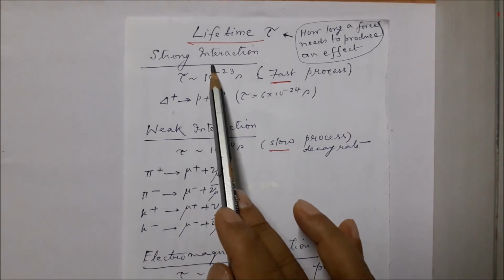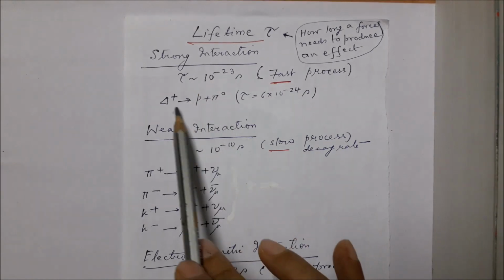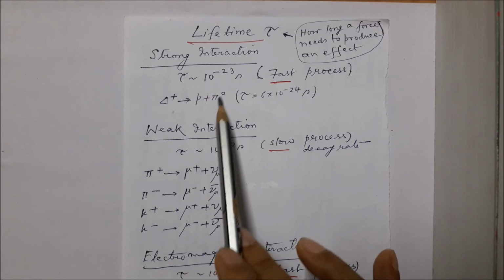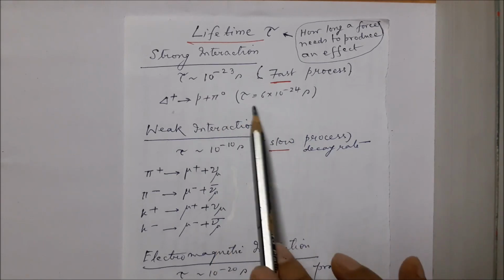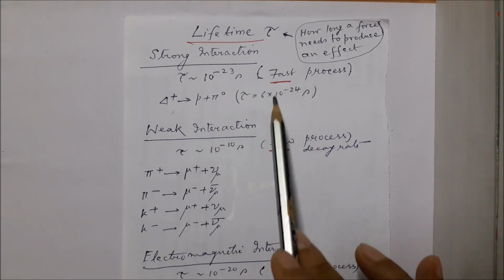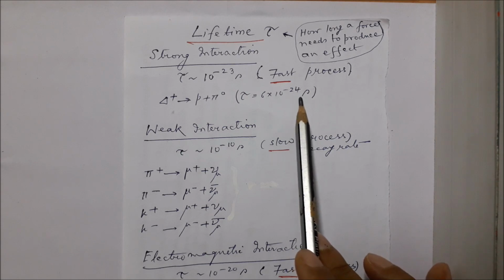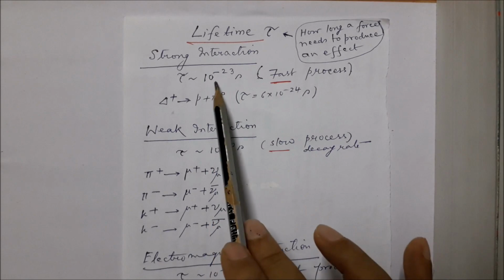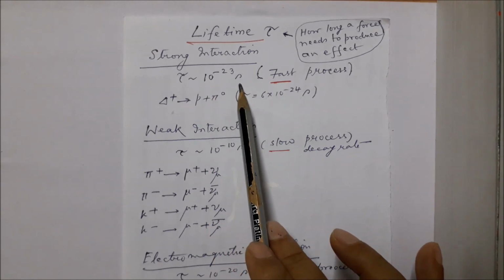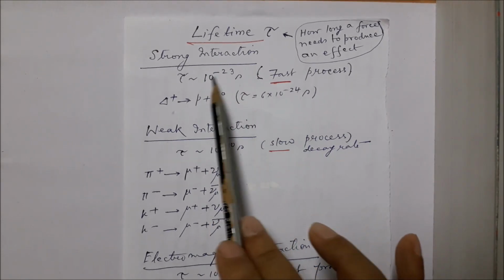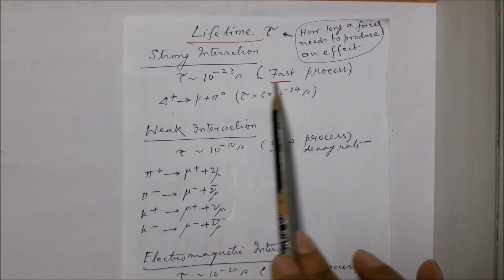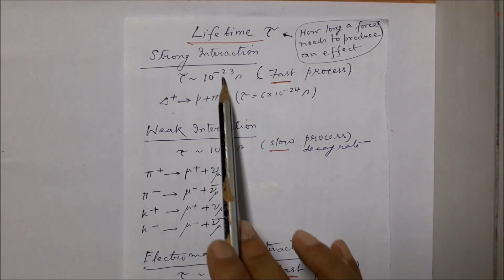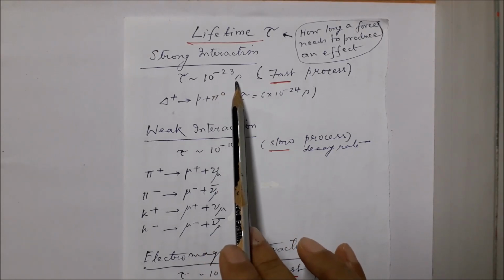Strong interaction: the decay delta plus 2 proton and neutral pion occurs over a period of time which is of the order of 10 to the power minus 24 seconds. The typical lifetime of strong interaction is 10 raised to the power minus 23 seconds, meaning thereby that strong interactions are fast processes. And mind it, fast means 10 to the power minus 23 seconds.